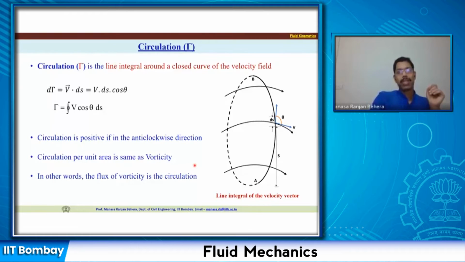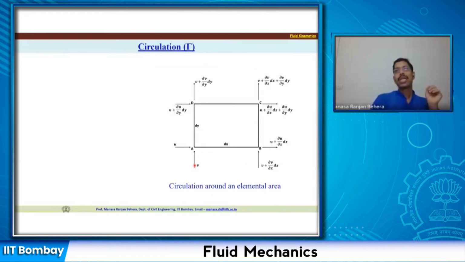Now let us look at a typical calculation which will possibly give you more insight into the calculation of circulation. Let us take this elemental area which is ABCD. In this elemental area ABCD, we have the velocities at every point. At point A, your velocity is u in the x direction and v in the y direction, and at point B, your velocity in the x direction is going to be u plus dou u by dou x multiplied by dx.